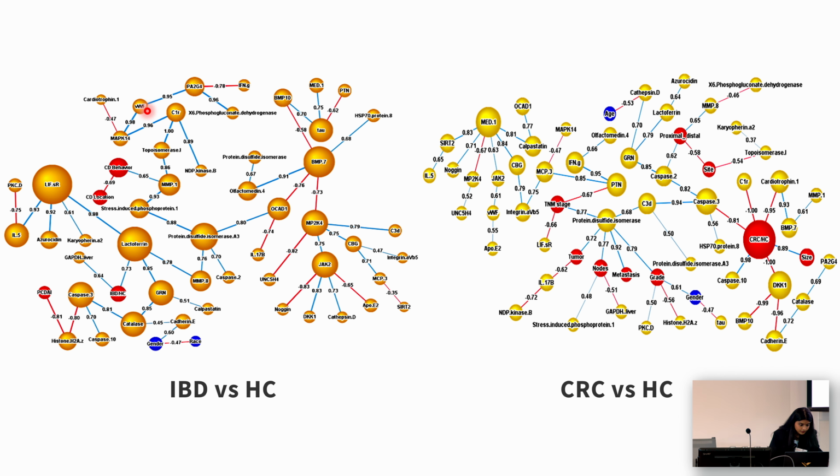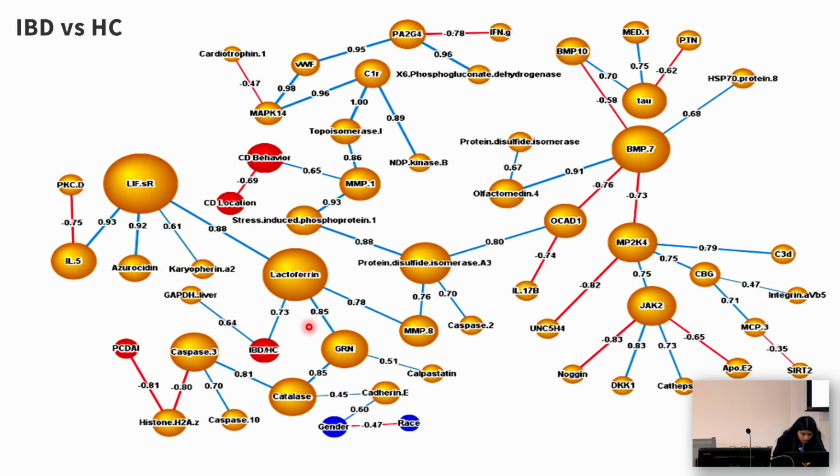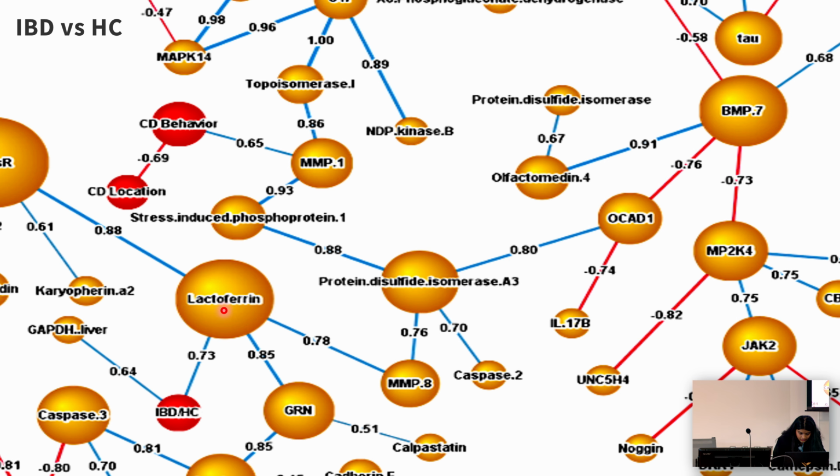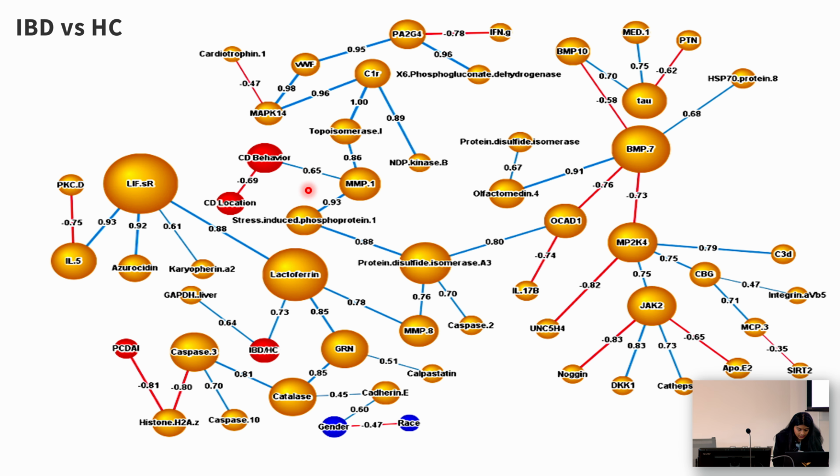In this case, lactoferrin is positively correlated with healthy controls and IBD, which means it's upregulated in samples with IBD and is downregulated in healthy controls. There is also in this image the clinical data, like the location of CD, which is Crohn's disease, the type of behavior, and then there is gender and race.